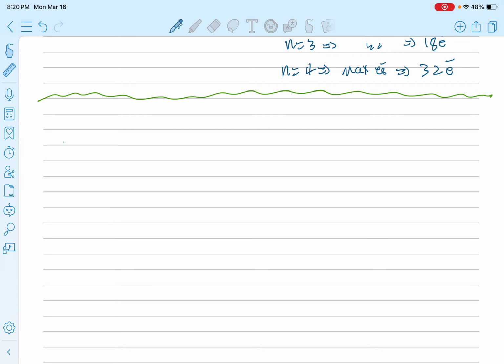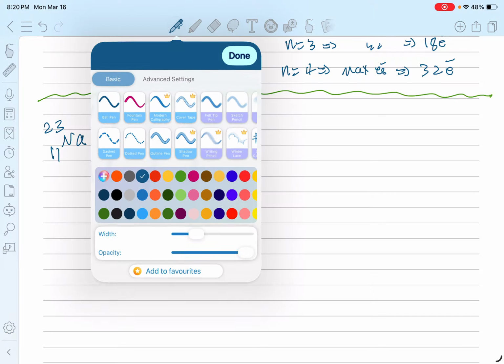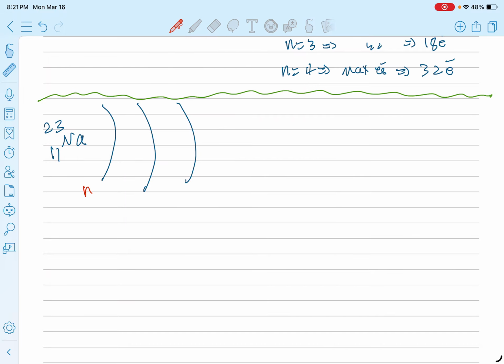So for example, sodium is 11, 23. Usually I draw a curve, I don't draw a full circle, and I ask my students to draw a curve too. That's enough. So this is 1, 2, 3. For sodium, n is 1 has 2 electrons, n is 2 has 8 electrons, so far 10. Because sodium is neutral, there is no positive or negative charge.